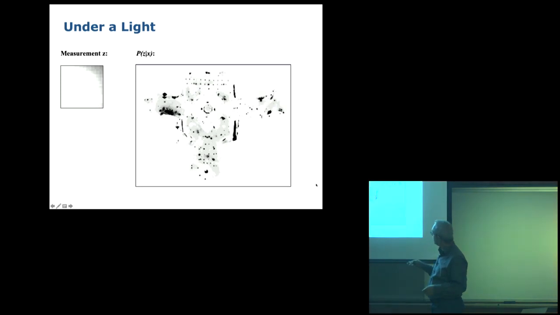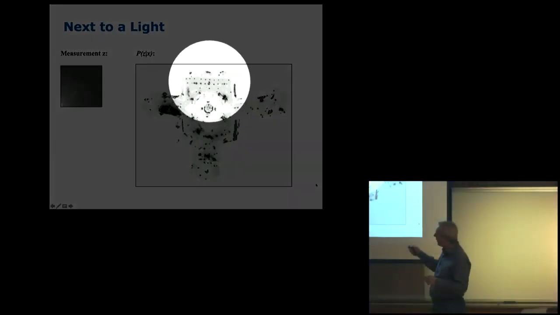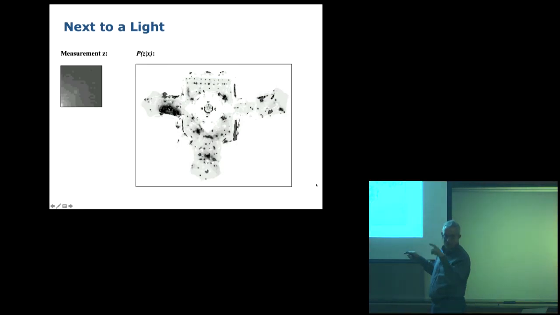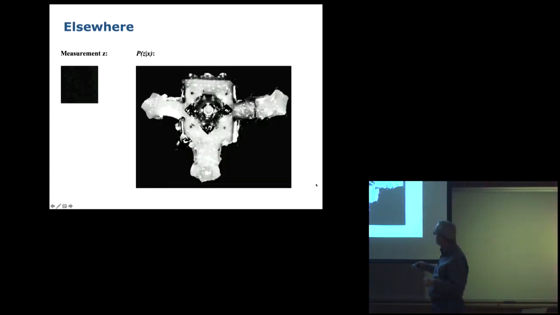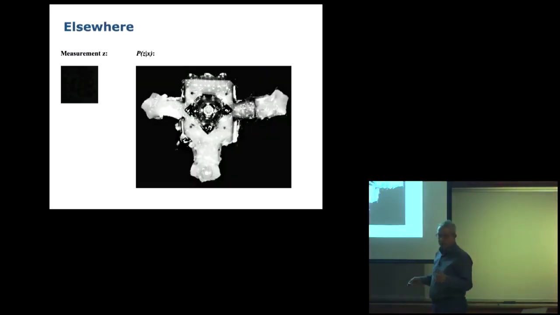Next to a light, you can actually see in that distribution that there are black circles around the lights. So everywhere close to a light, it's higher likelihood than anywhere else. And when there's no light, then lights have very, very low likelihood.